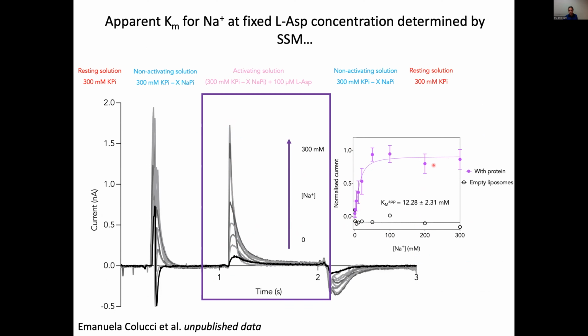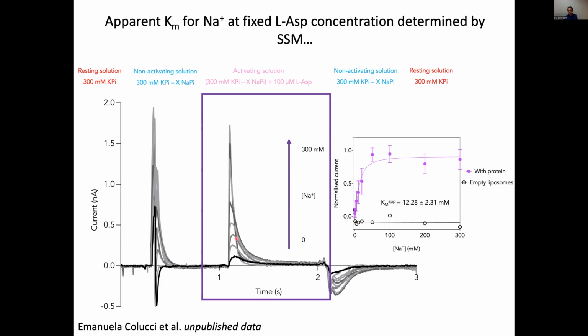And from that, you can determine an apparent Km of transport, an apparent Km for sodium at a fixed concentration of aspartate, which was around 12 millimolar, which is great because this is very similar to the values we found from radio-labeled transport experiments. So it shows that the SSM machine gives, in that respect, very similar kinetic data.